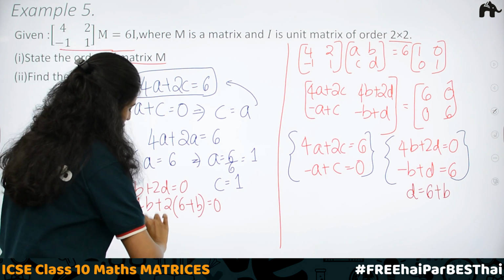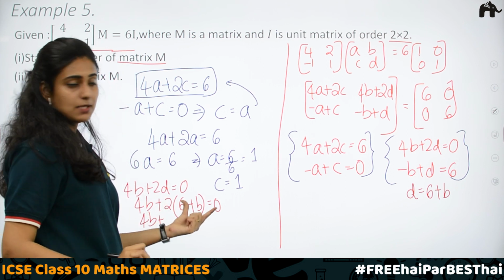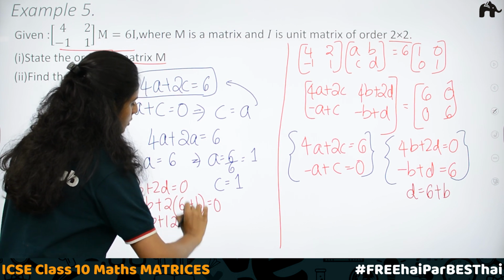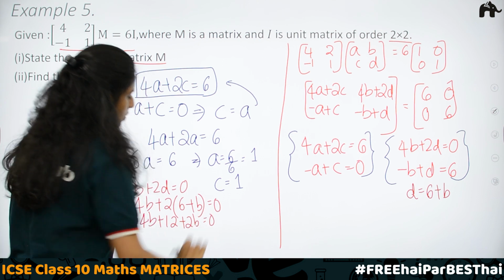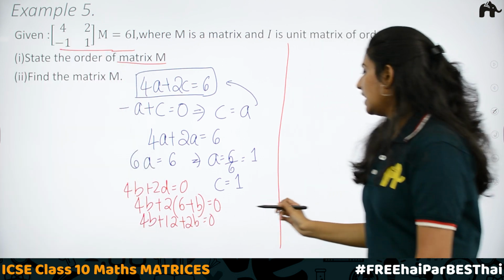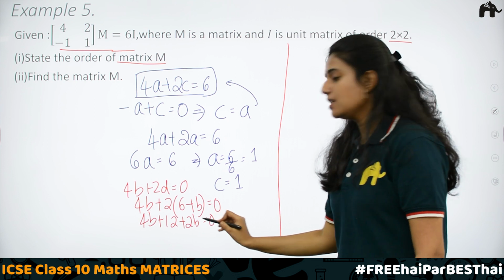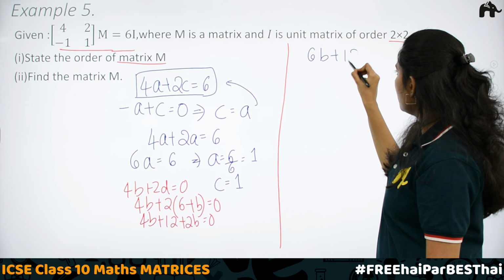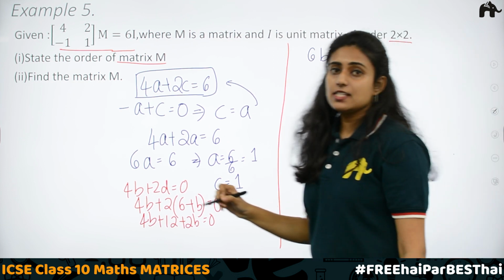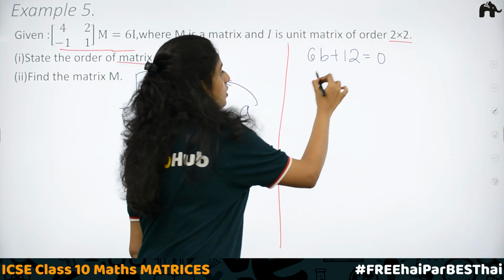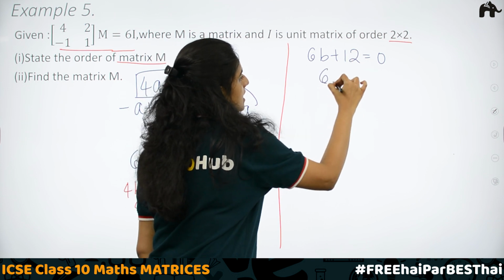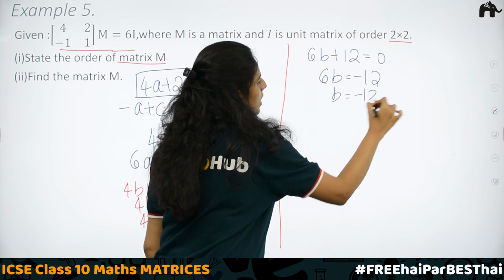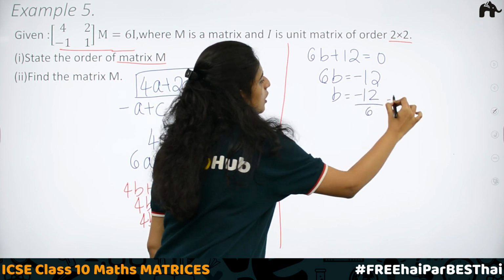Removing the brackets and multiplying, 2 into 6 is 12, plus 2 into b is 2b, is equal to 0. That is 4b plus 2b, which is 6b. 6b plus 12 is equal to 0. Taking 12 to the opposite side, 6b is equal to minus 12, and b is equal to minus 12 by 6, that is minus 2.